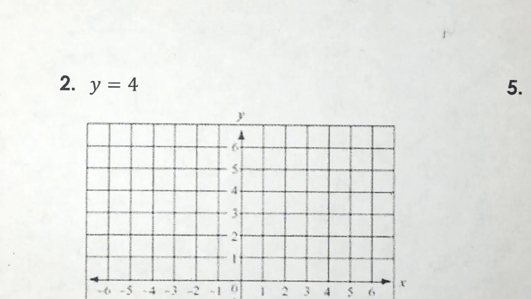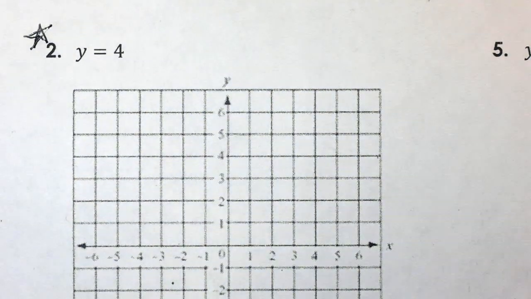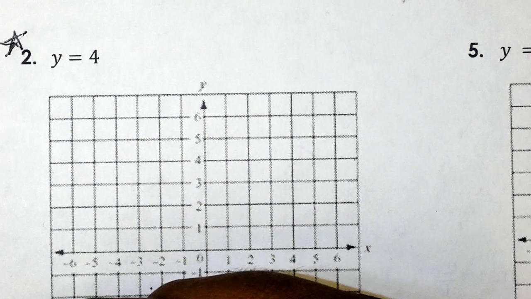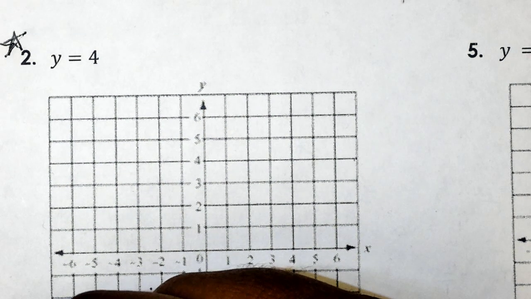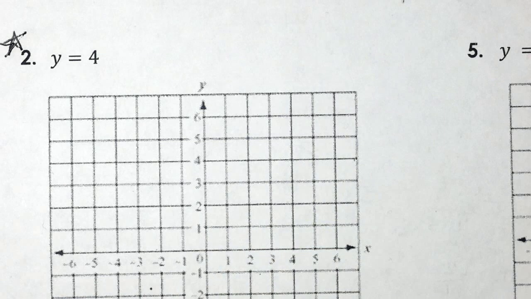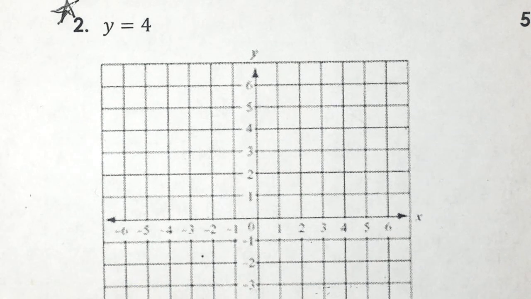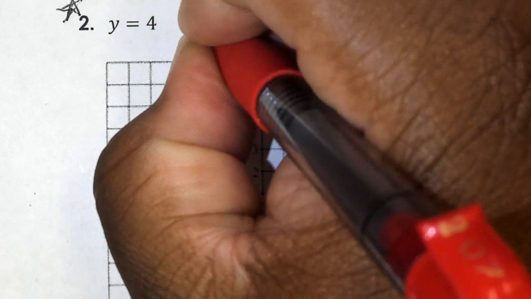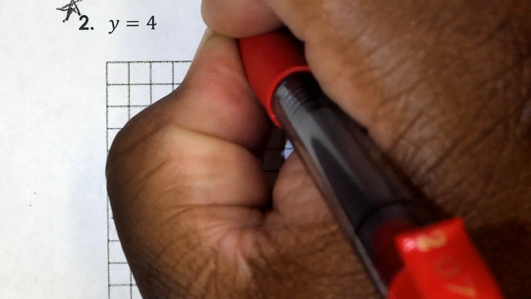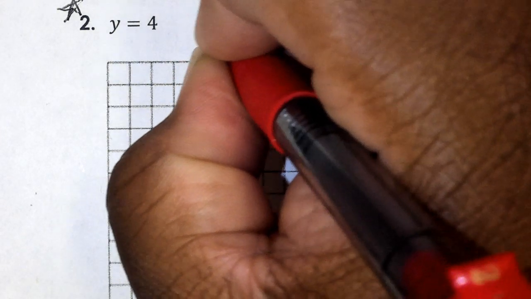Jumping to that other number 2 next. These are the main ones you need to know, the difference between these two. Number 2 is y equals 4. Let's see if you know why. On this number 2, it's already in slope-intercept form.